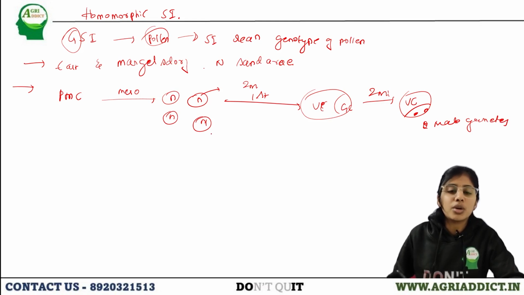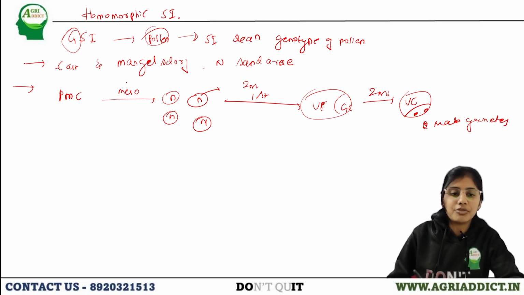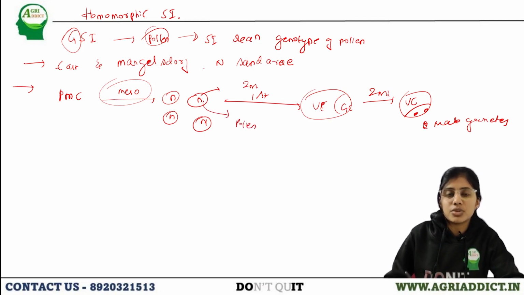So here, whatever the substance that is controlling this mechanism will be deposited after meiosis, because it is controlled by the genotype of the pollen itself. Means whatever the substance which is inhibiting the self-fertilization is produced by the genotype of the pollen, that means after meiosis has happened.